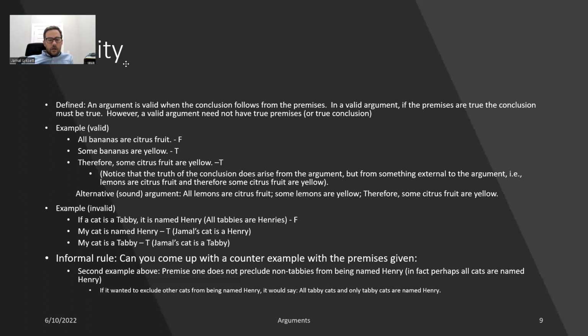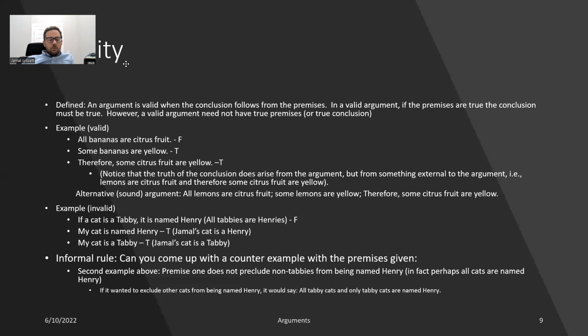And that's also a false statement. Now notice the second two, my cat is named Henry, is true. And my cat is a tabby, that's also true, right? So we still get a true conclusion, but it's an invalid argument because it doesn't follow. So here's an informal rule.